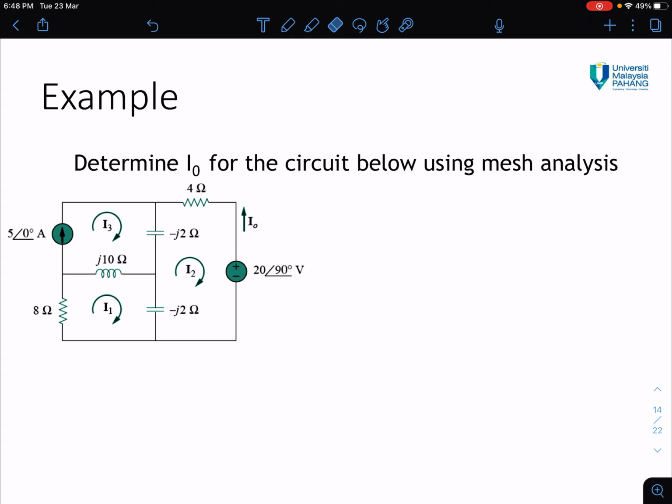I start with loop 1. Loop 1 is here, so I start from here.